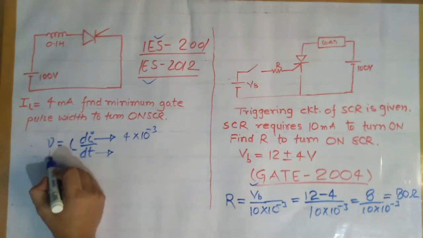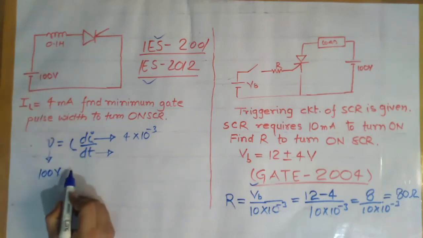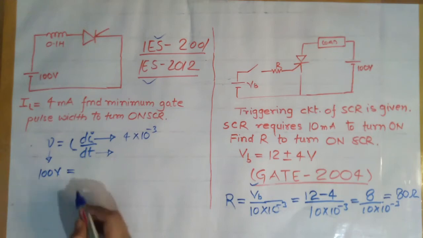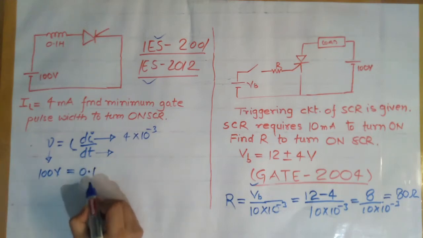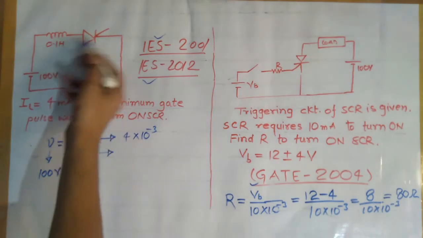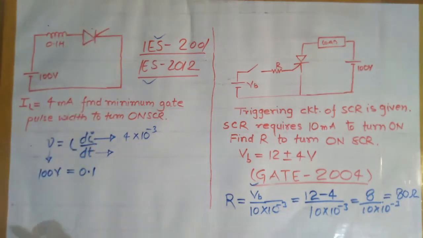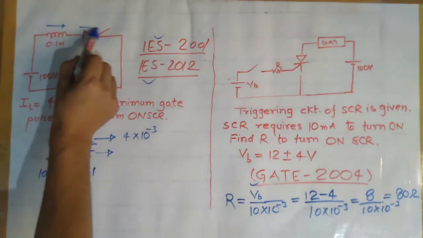Here the voltage is given as 100 volt, that is equal to L, the inductor, which is given as 0.1 Henry. And what is the change in inductor current? Or we can say the change in anode current, because the inductor and this SCR are in series. That's why IL is equal to IA.